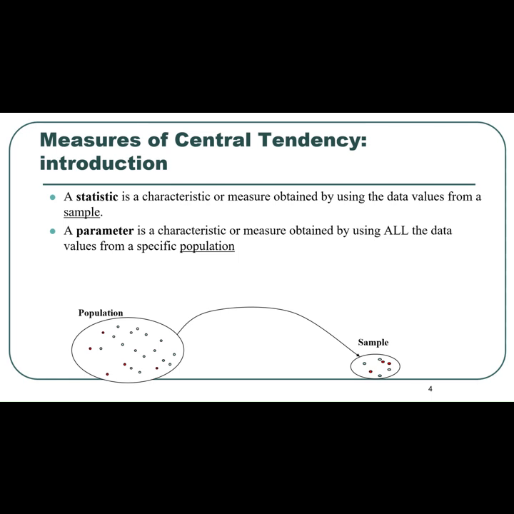While if you did calculate the same measure from the whole data set, the population, then this is by definition a parameter. So parameters are describing population, while statistics are calculated from the sample, and usually parameters are unknown.